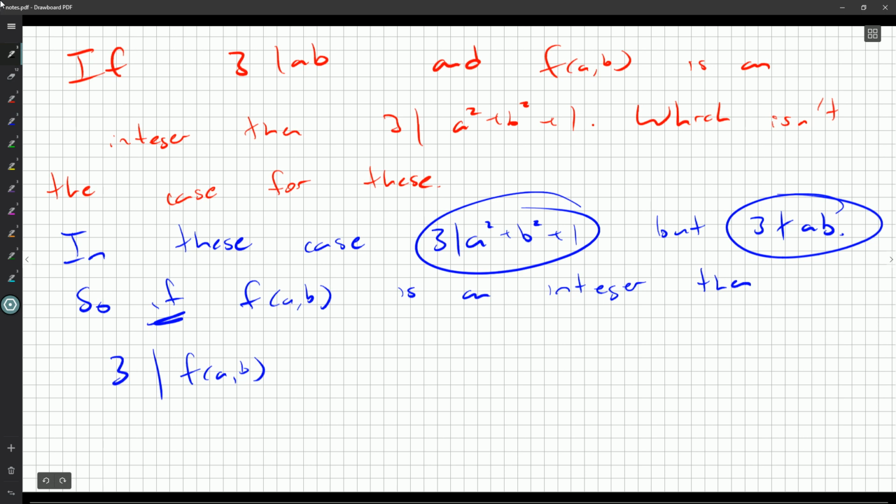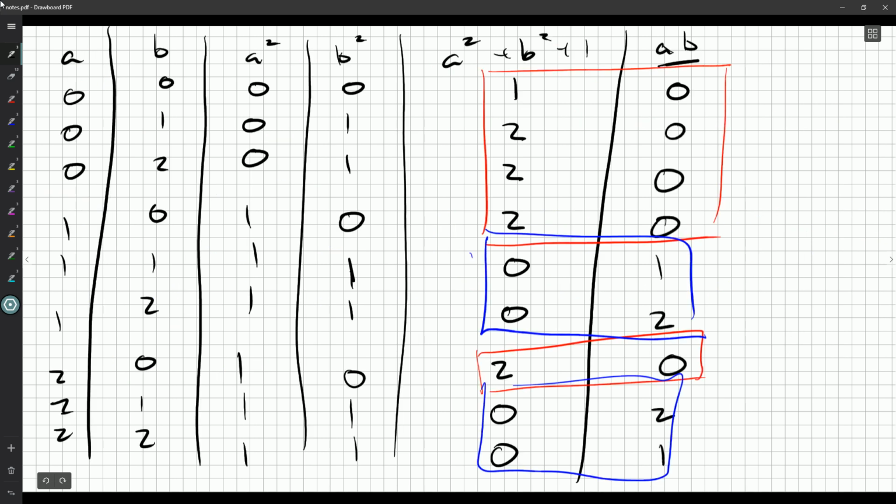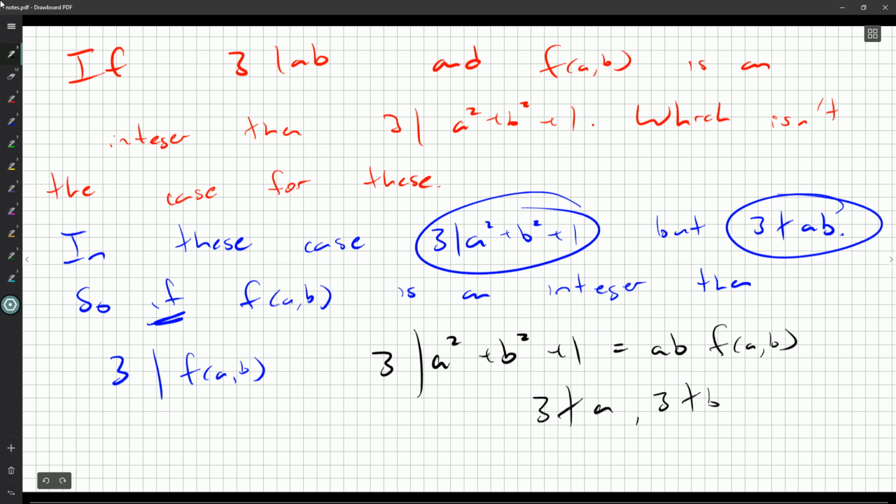Another way we could say that, as I already sort of had written, 3 has to divide a squared plus b squared plus 1, but 3 doesn't divide a, 3 doesn't divide b in these blue cases. So therefore 3 would divide f(a,b), assuming it's an integer.